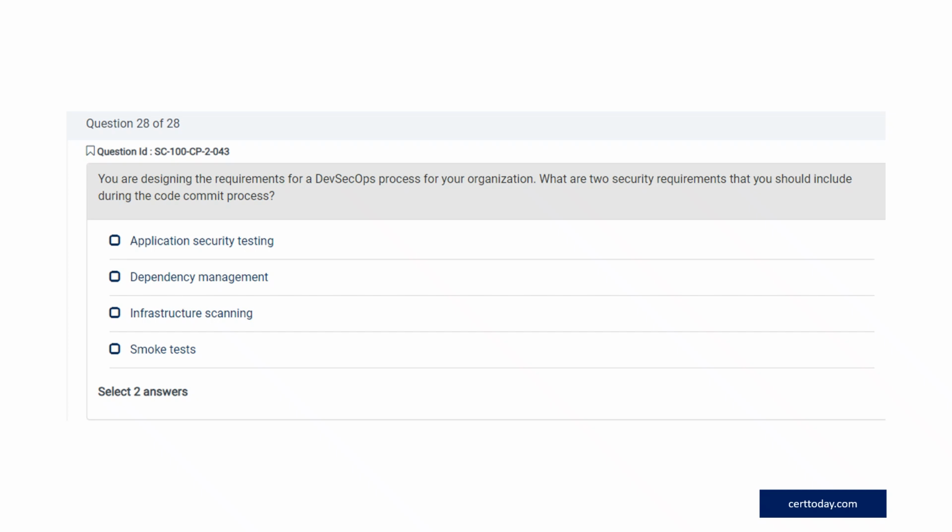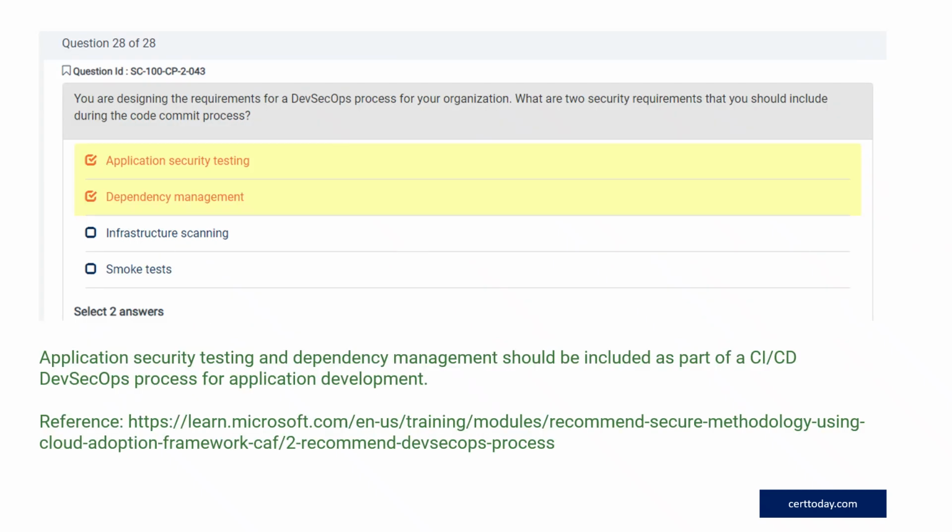C. Infrastructure scanning. Or D. Smoke tests. Application security testing and dependency management should be included as part of a CI/CD DevSecOps process for application development.